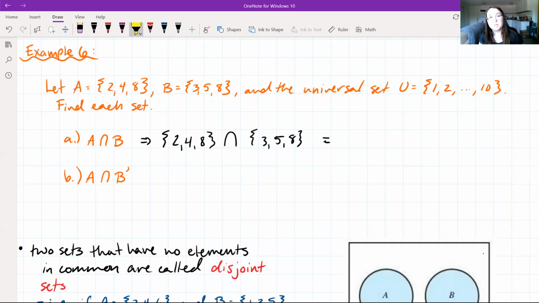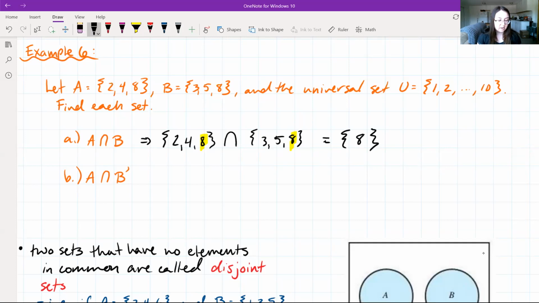So now let's look at terms that are in both. So 2 is in A, but 2 is not in B. 4 is in A, but 4 is not in B. 8 is in A, and 8 is also in B. So we see 8 and 8. So our intersection in this case is going to be 8. So that's the only number that they share.